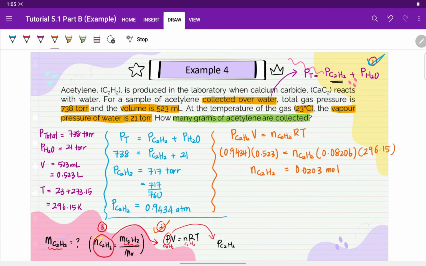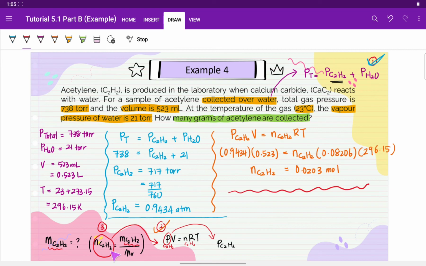Okay, settle kita punya step yang kedua. Okay, yang mana tadi kita gunakan ideal gas equation untuk cari number of mole. Okay, once we have finished that step, okay, barulah kita akan proceed kepada step yang terakhir dekat sini, nombor 3. Okay, yang mana kita nak cari mass of C2H2 form.